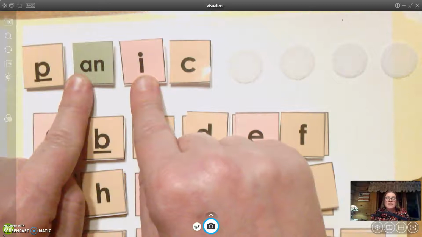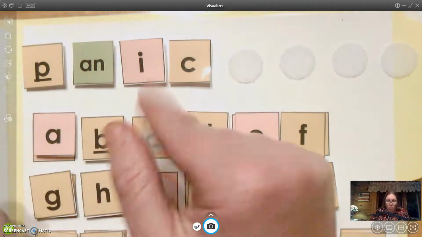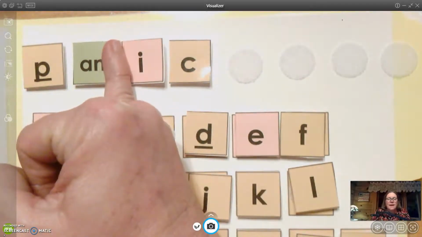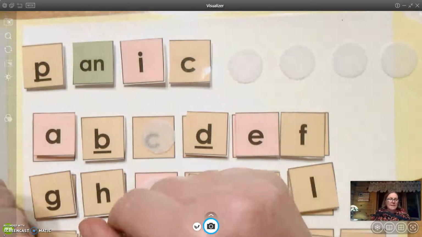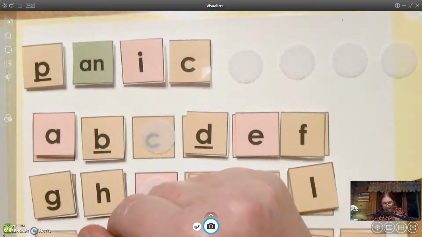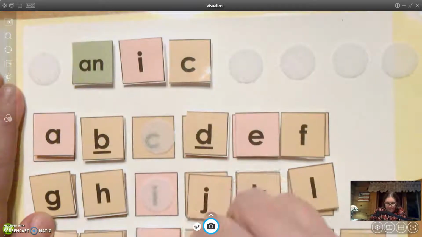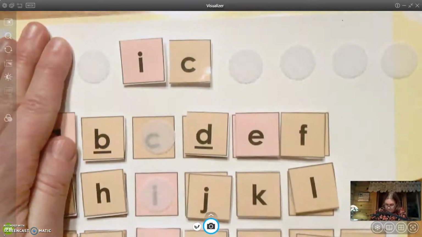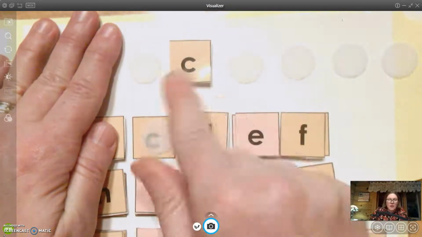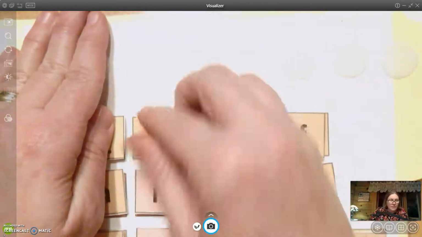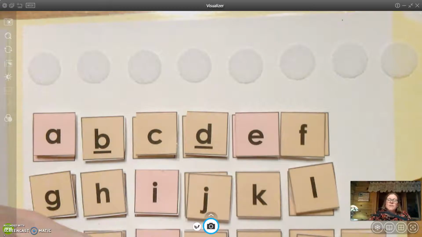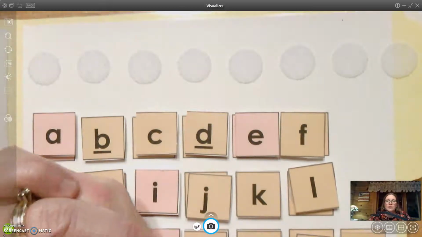So if I were to say the syllables, it would be pan, ic, or if we karate chop them, pan, ic. Very nice. Let me sound this out. So please do this at home. A, n, i, k.